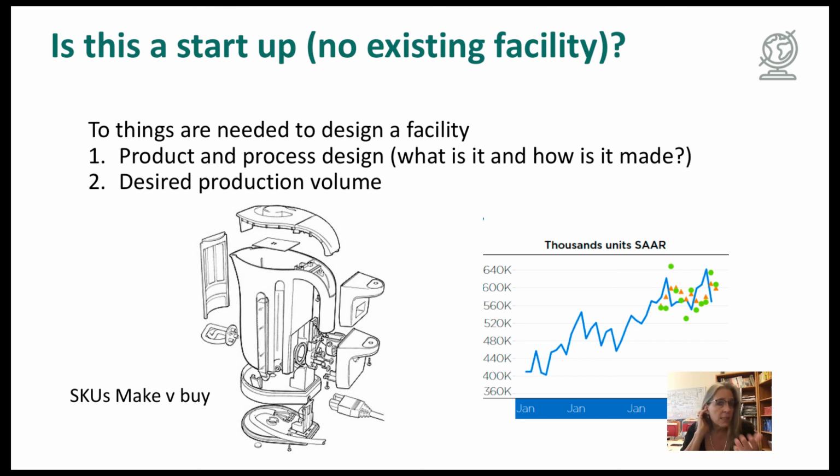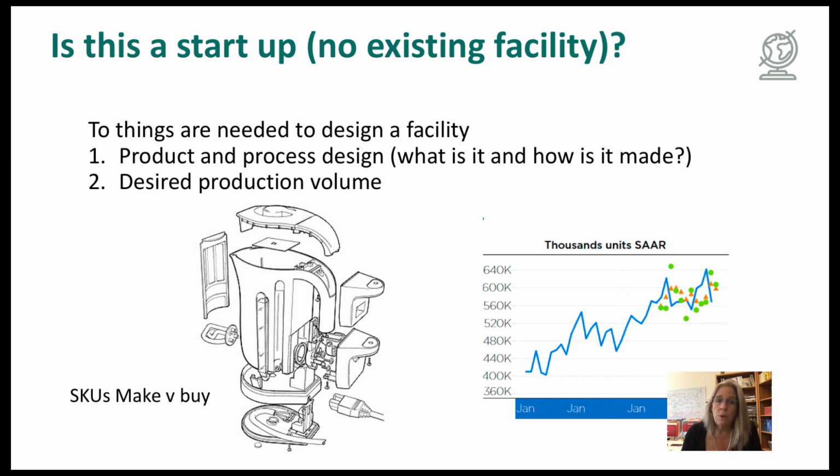And then from that drawing, you'll need to know how these things are made. Even on this picture, you probably could figure out how to make those plastic parts: probably injection molding. There's some screws there, there's some wiring. So you can figure out how to make it. But then the question comes, are we going to make it, or are we going to buy these products? For each of these SKUs, which stands for stock keeping unit, you'll need to do a make versus buy analysis.